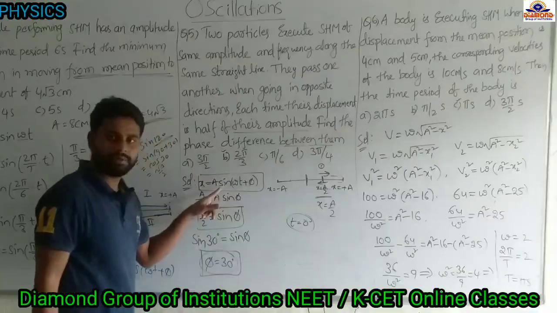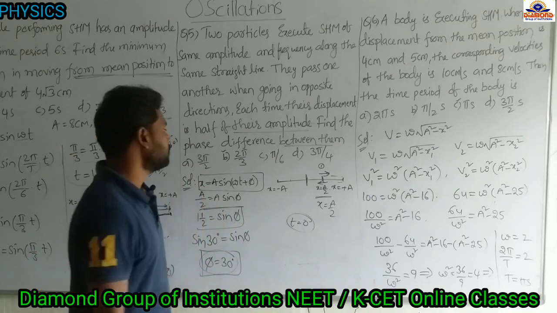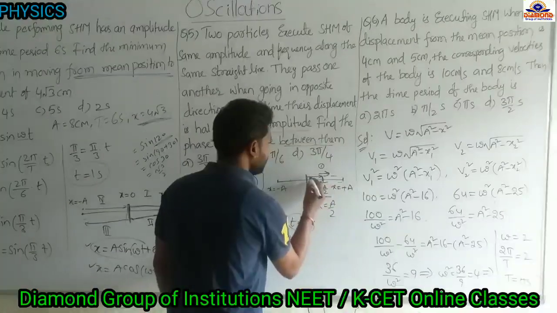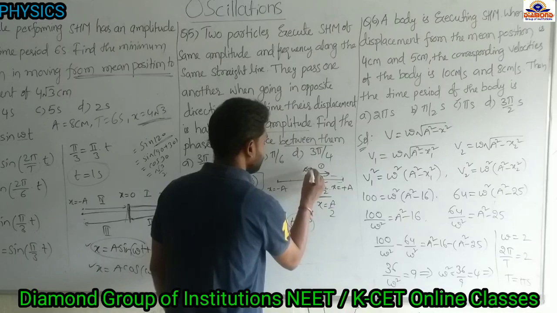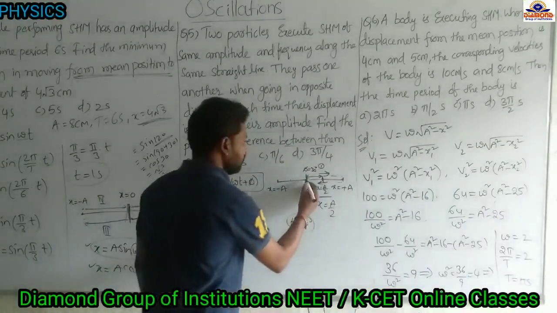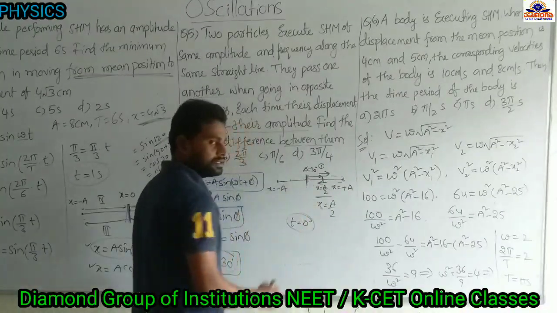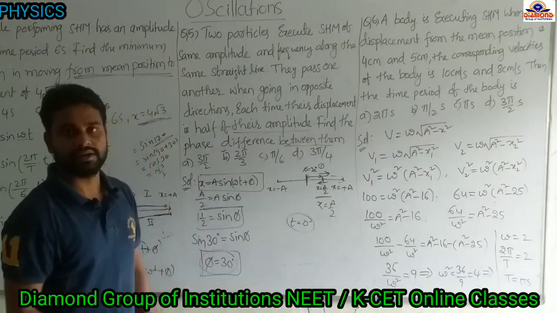This equation is from the mean position, so this is the angle made by the first particle from the mean position. From here to here the angle is 30 degrees. Total is 90 degrees, so here to here 90, 180, 270, 360 degrees. One oscillation completed.